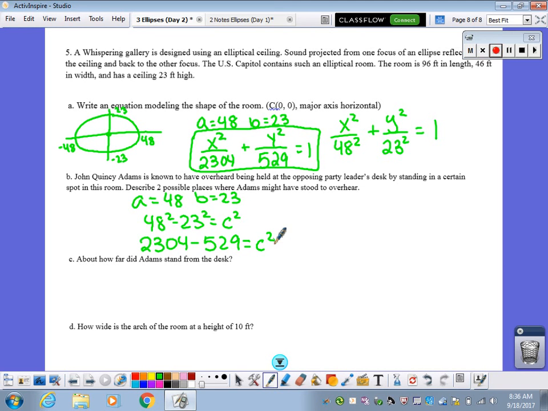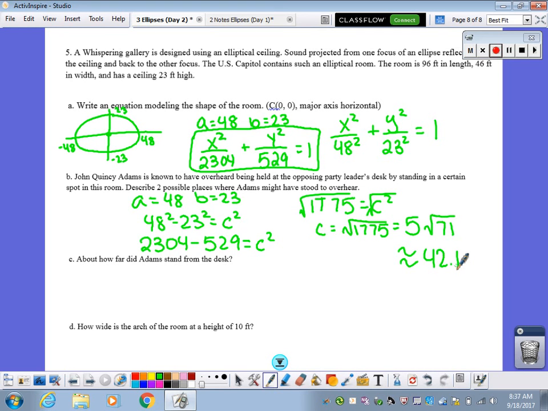When you subtract these two, you get 1,775 is equal to c squared. Square root both sides to get c is equal to radical 1775, which is equal to 5 radical 71, which is approximately 42.1.